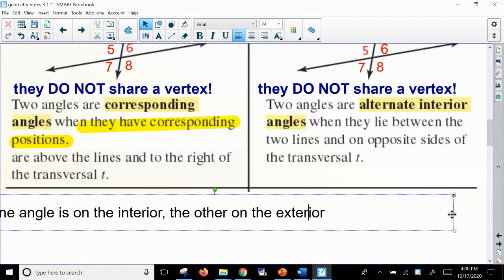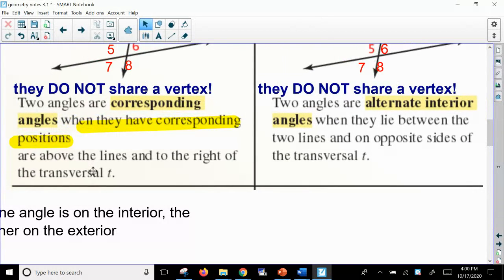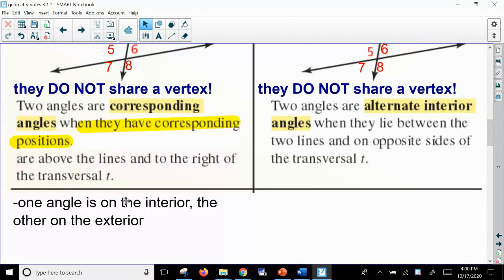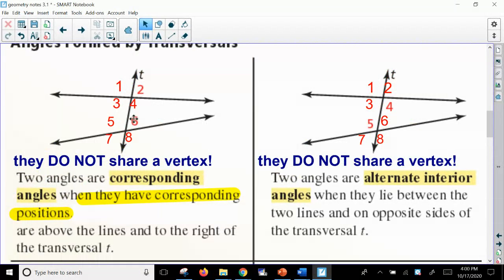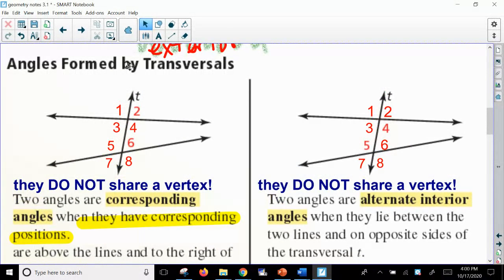And they are in the same position. So same position. What do you mean, Miss Speight? I'm glad you asked. So peep this. Right here, look at this intersection. Angle 2 is at the top right corner of that intersection.